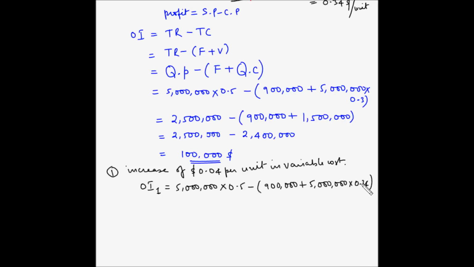So this is equal to 2.5 million minus 900,000 plus 1.7 million. So this is equal to 2.5 million minus 2.6 million.